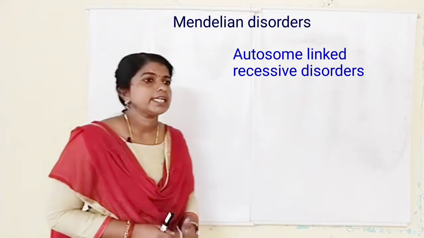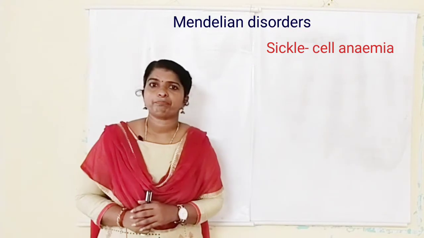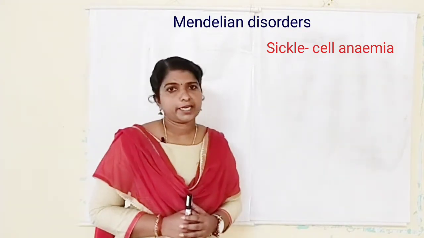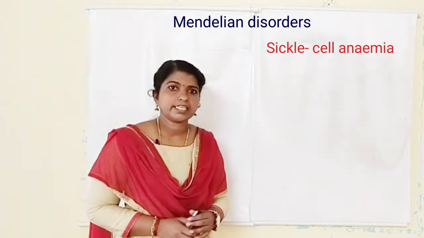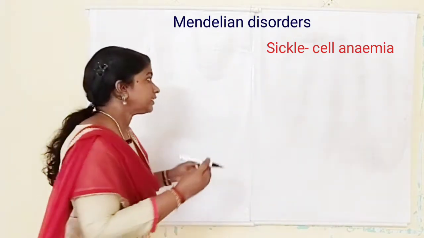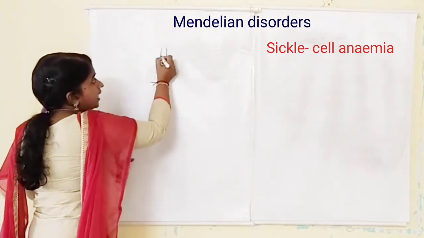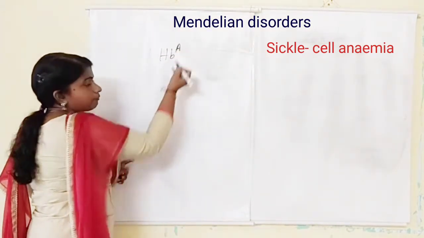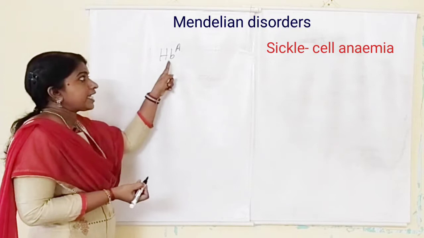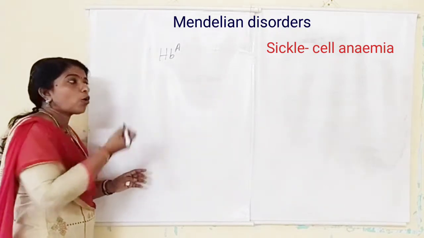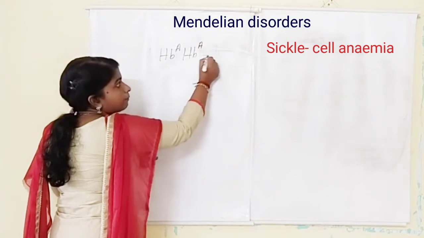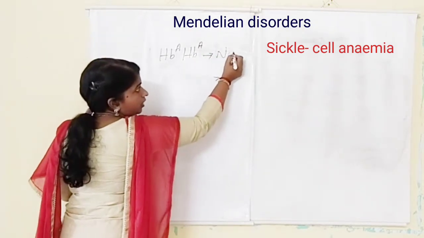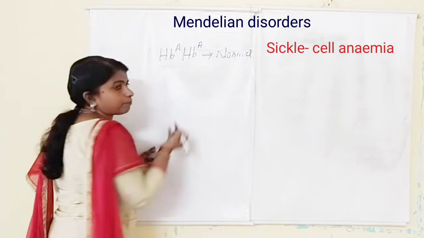The first one is sickle cell anemia. As I told, it is an autosome-linked recessive disorder. The gene that controls it is HBA. If this HBA occurs in homozygous dominant condition, it becomes a normal individual.